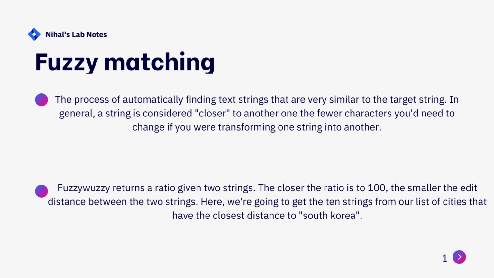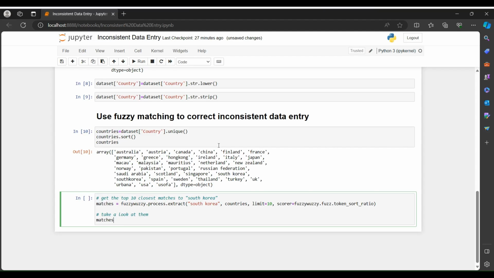Here we are going to get the 10 strings from our list of cities that have the closest distance to South Korea. So let's get the top 10 closest matches to South Korea. To do this, let's just use fuzzywuzzy.process.extract, South Korea, countries, limit is 10, and scorer is fuzzywuzzy.fuzz.token_sort_ratio.